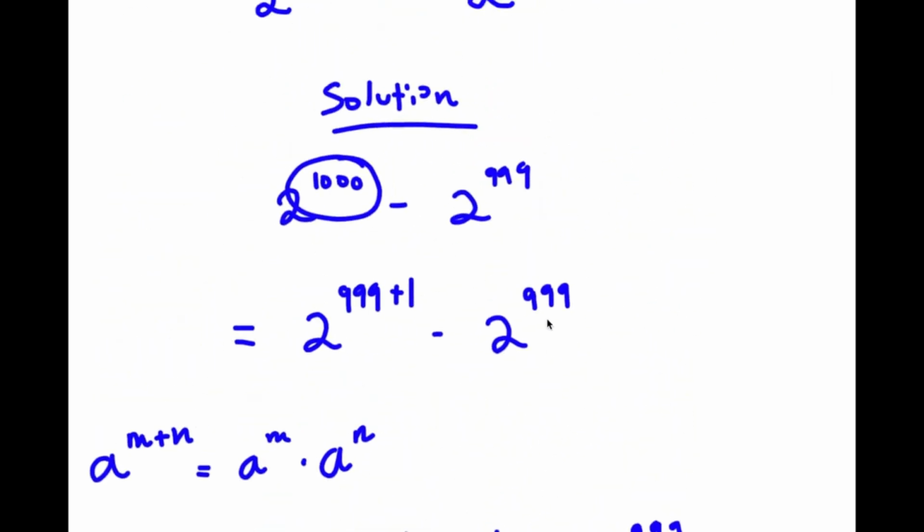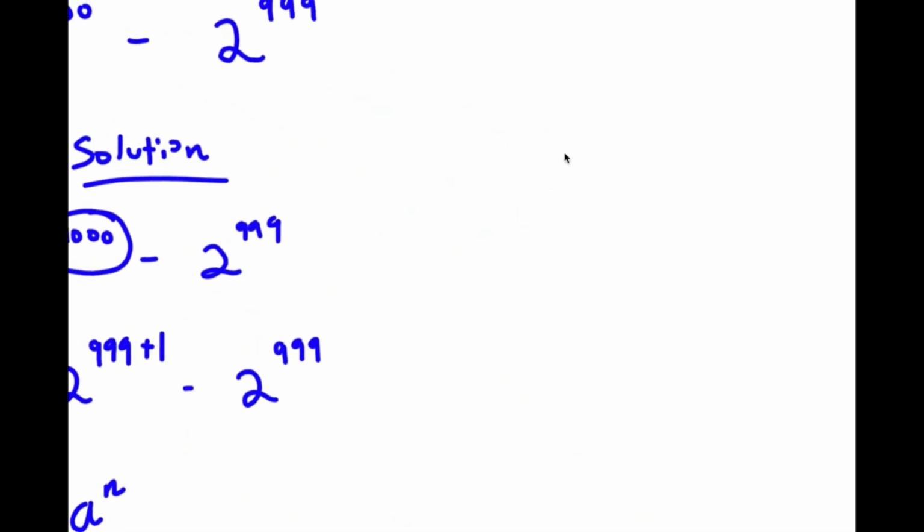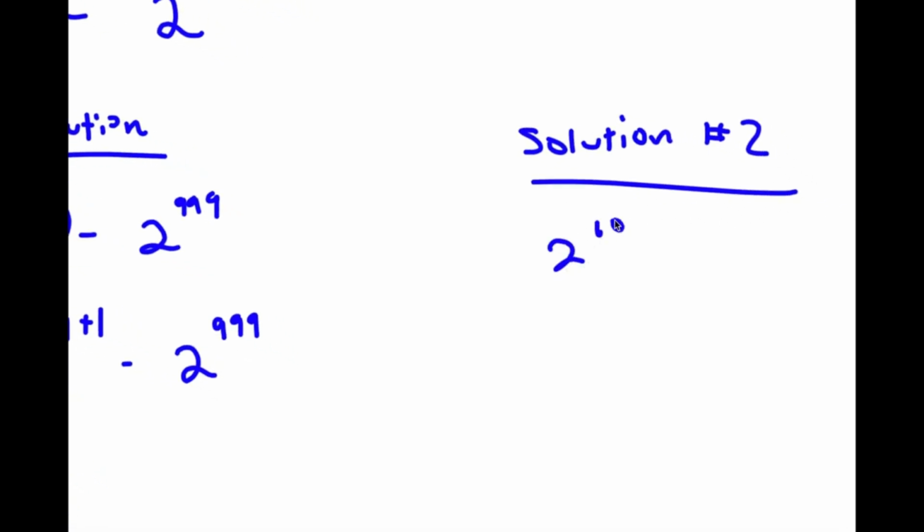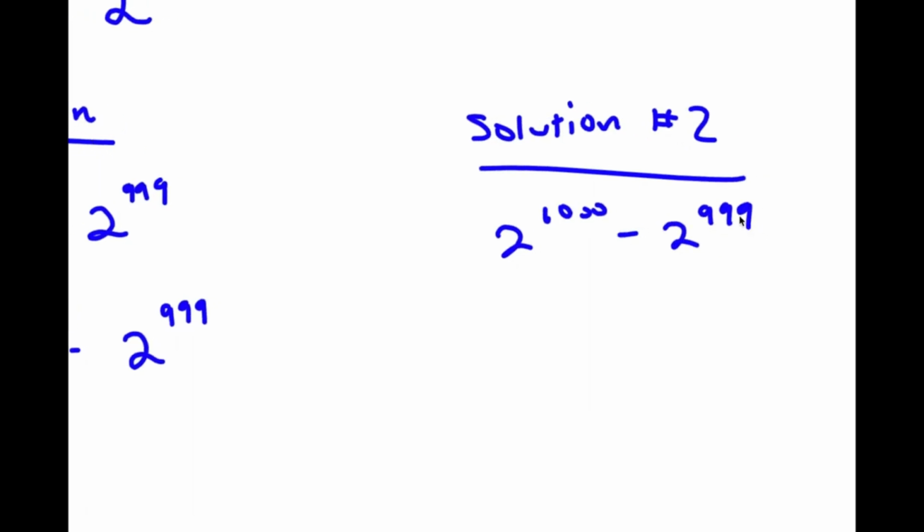Now, another way of doing this: I first start with 2 to the power of 1000 minus 2 to the power of 999. This time, I'm going to rewrite 999 as 1000 minus 1.